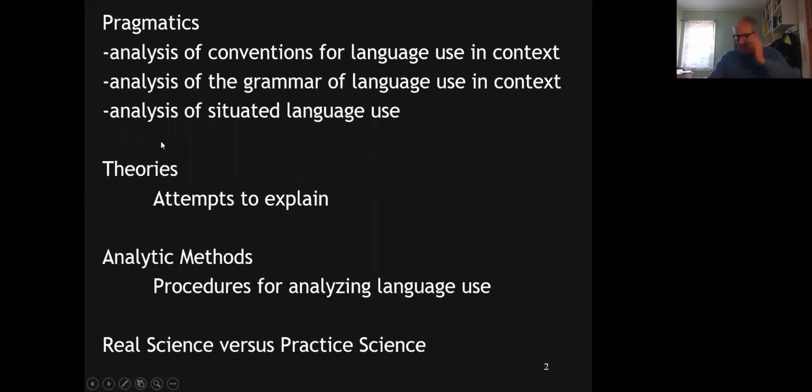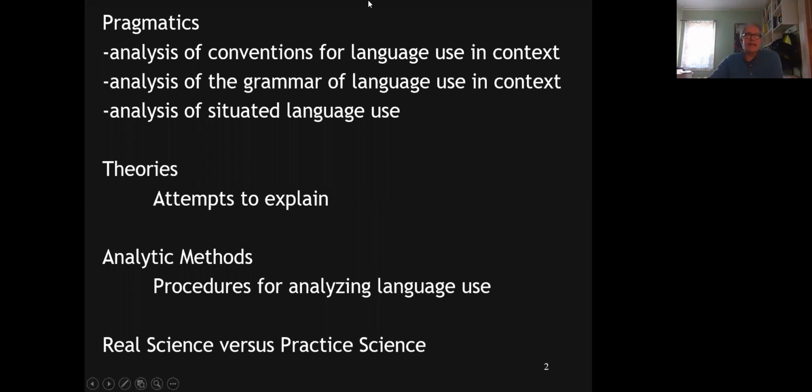Okay, so just to put things starting big and working down to details. I want you to think of your own definition of pragmatics, but these are three ways of saying more or less the same thing. When I say analysis of conventions for language use in context, that's a mouthful, but it's just trying to get at what kind of formats people use when they use language to account for the context that it's used in.